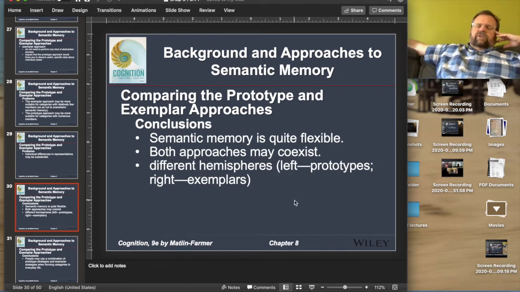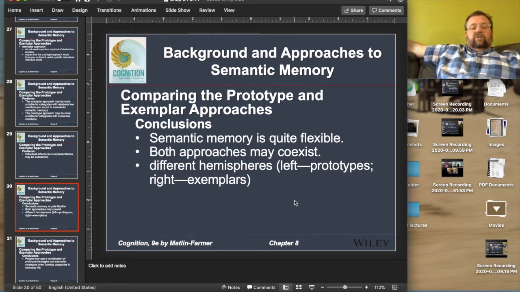So a few conclusions. Semantic memory is quite flexible. We have a lot of room and a lot of ability for semantic memories to be stretched and changed over time. So what is probably the case is that both approaches actually coexist. And based on the type of information that you're looking at, or the type of information you're trying to recall or to place into memory, you may use different kinds of approaches.